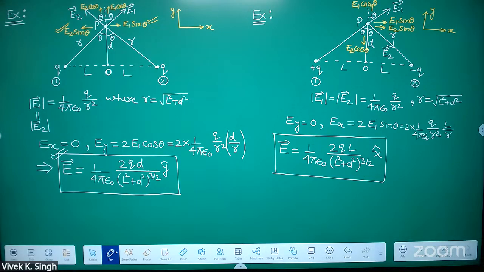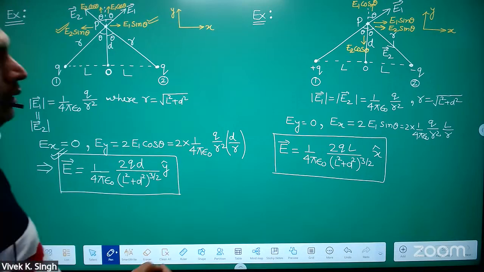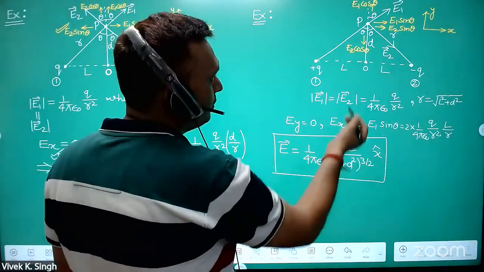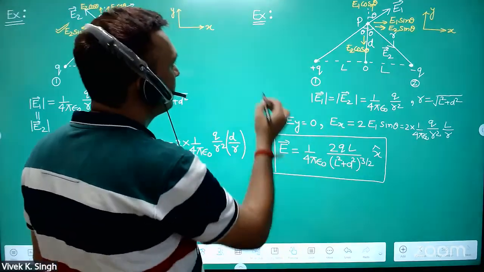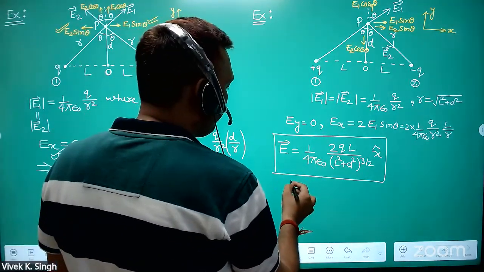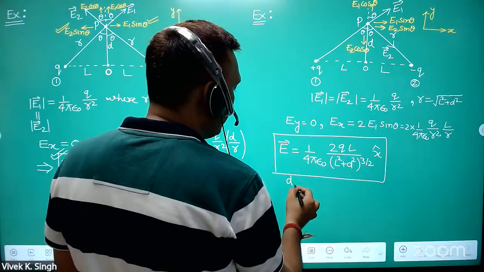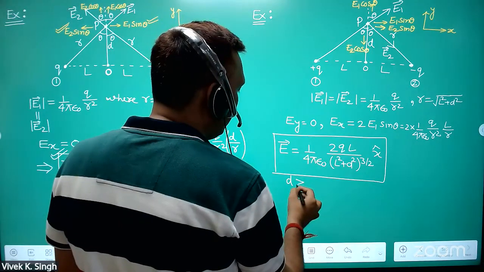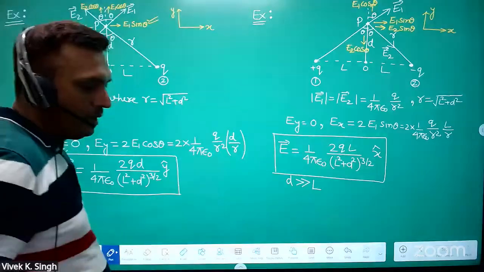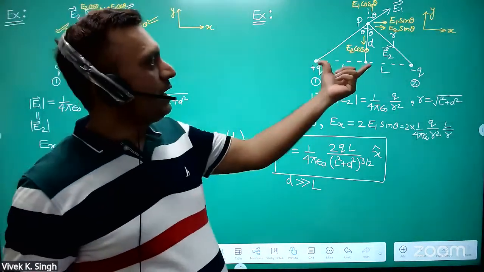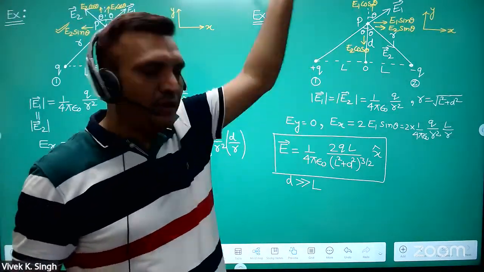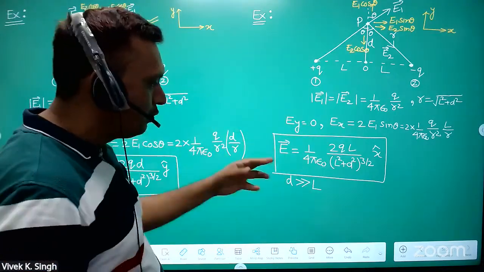Now let's see under one approximation. If you assume that D is far greater than L, meaning you are seeing this charge distribution far away from these two charges, what will happen?